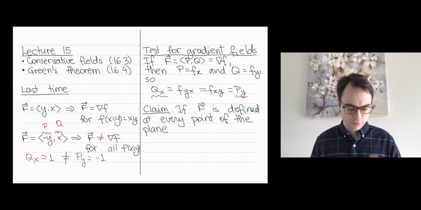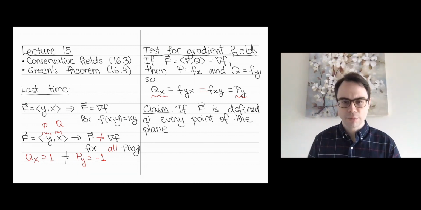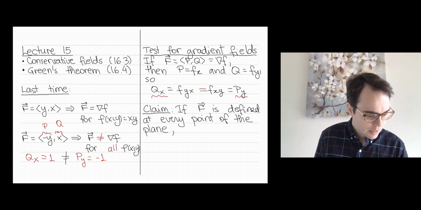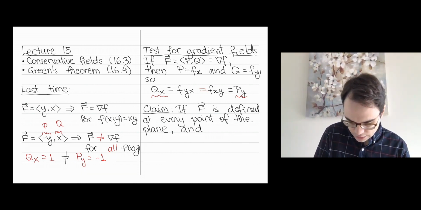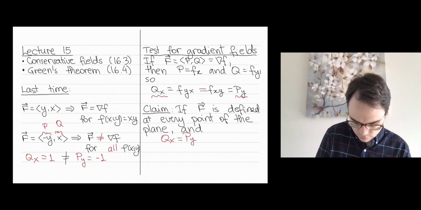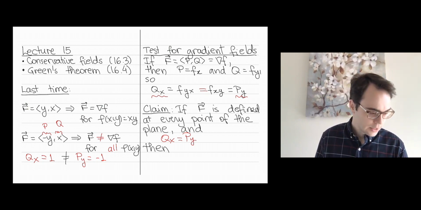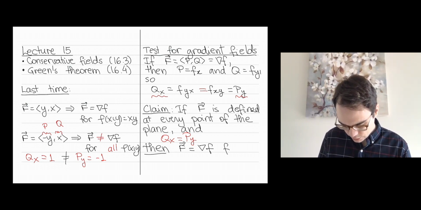So there's no division by 0 or anything. There's no log of a negative number or something like that. So in this situation, and furthermore, if I know that q sub x is equal to p sub y, then the vector field f is the gradient of some function of x and y.